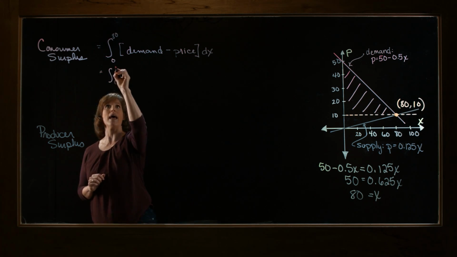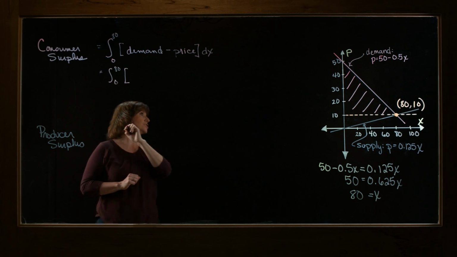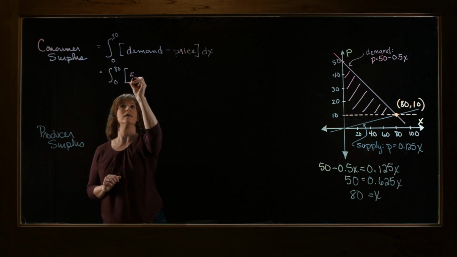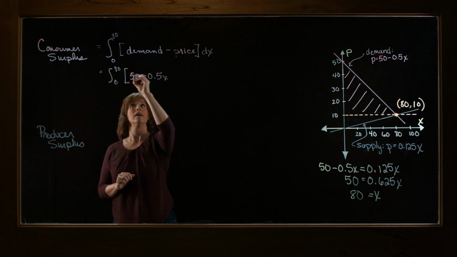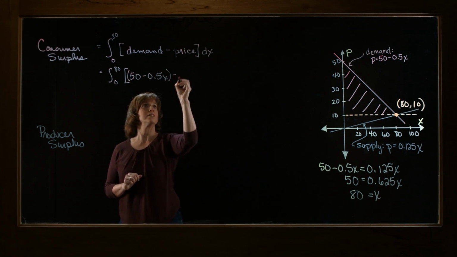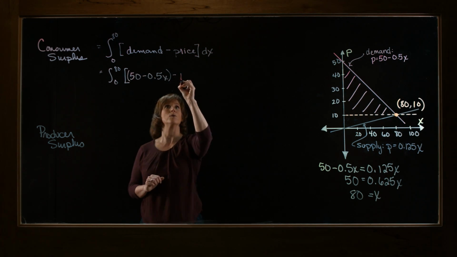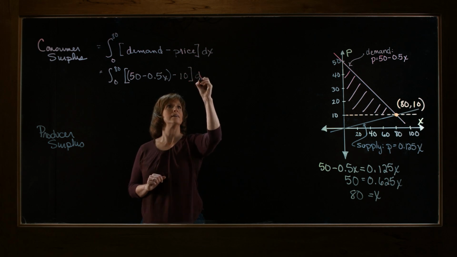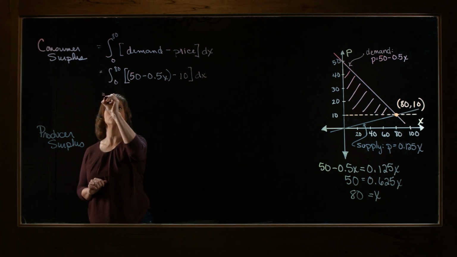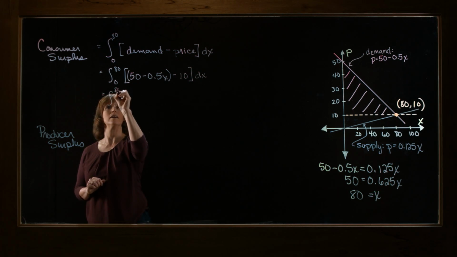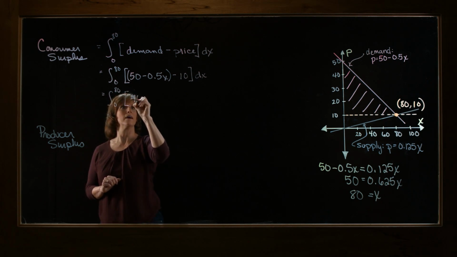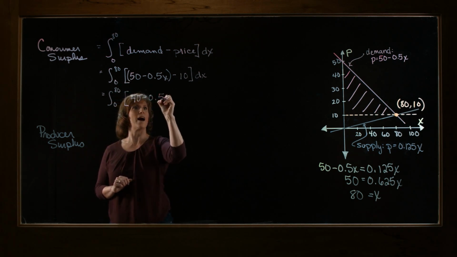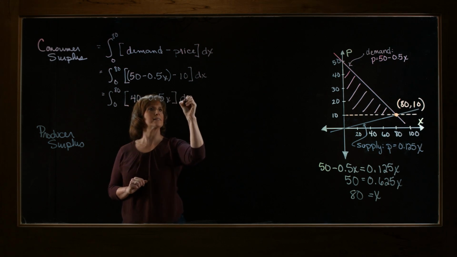I'm going from 0 to 80, and the demand function is going to be 50 minus 0.5x. And then I'm going to subtract the price, which is 10. Simplifying that integrand, I'm going to have 40 minus 0.5x dx.